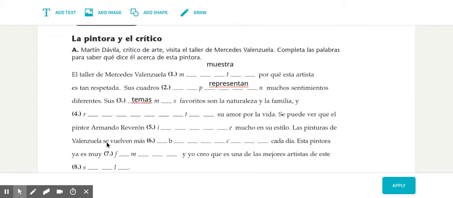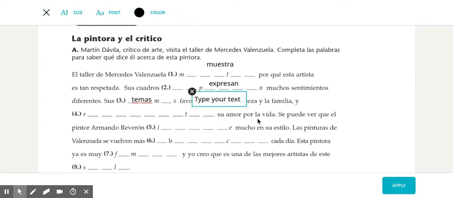Oh, I'm sorry. Sus cuadros looks like it's supposed to be expresan, ¿verdad? Expresan. This one is representan. So these themes represent su amor, no?